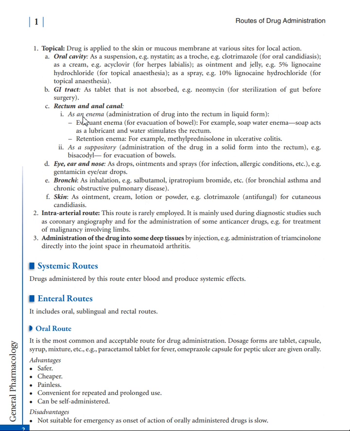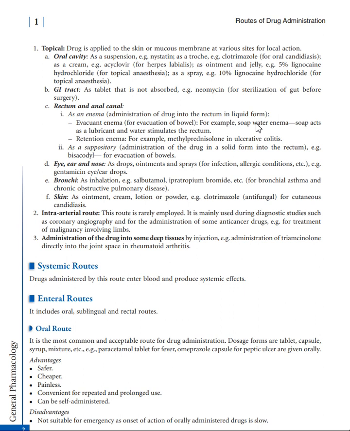Now in the rectum and anal canal, you use it as an enema or you use it as a suppository. Administration of a drug into the rectum in the liquid form is an enema. You have two types of enema: evacuant enema and retention enema. Evacuant enema is used for the evacuation of bowel movements.